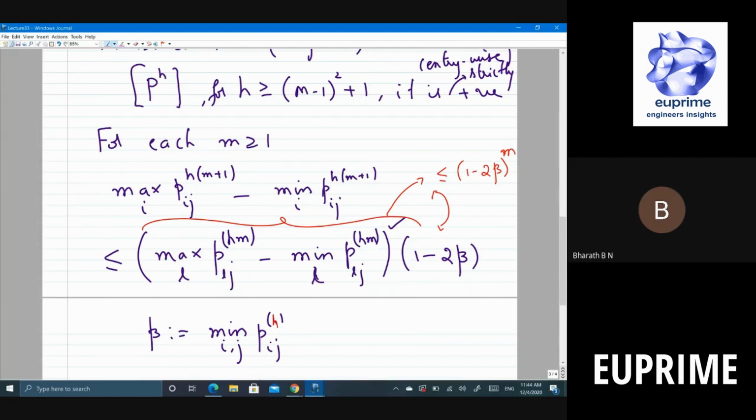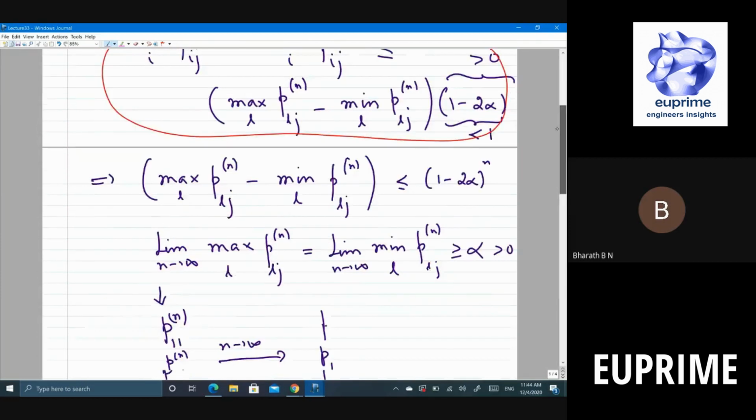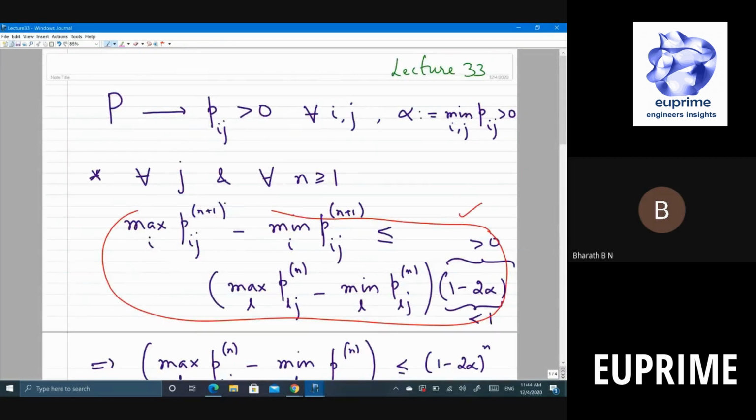Basically, I think we proved this result, right? If I take Pij strictly positive, essentially we use the fact that the entries of the P matrix are strictly positive, non-zero and positive, and alpha is the minimum. Then we did all this to get this.